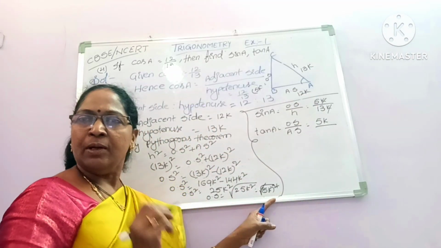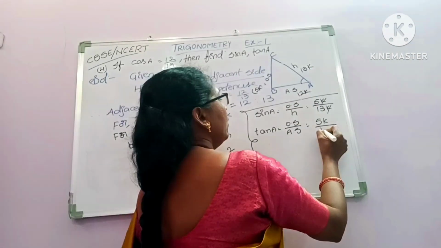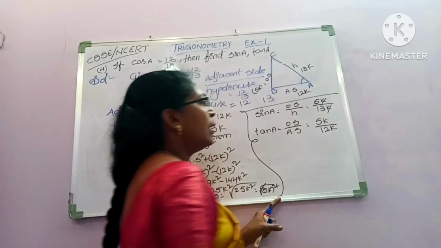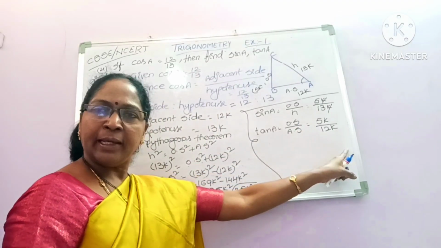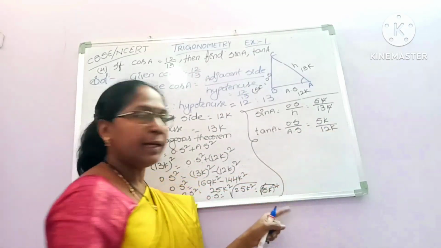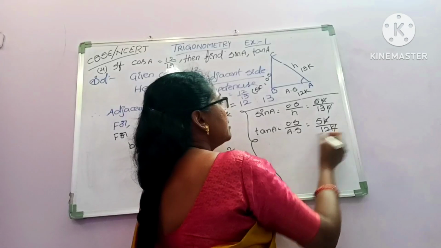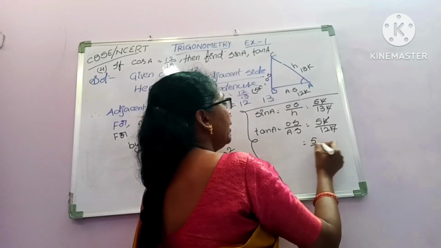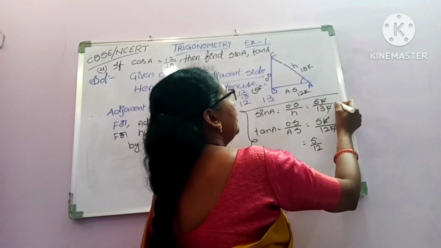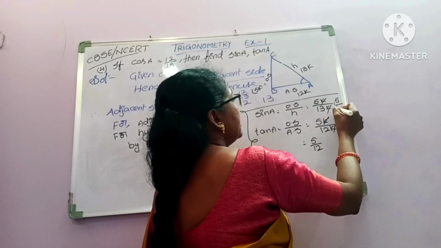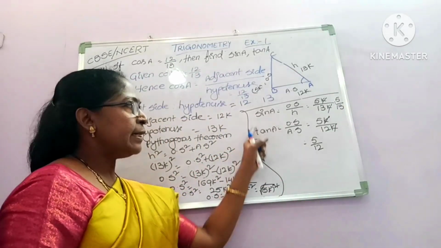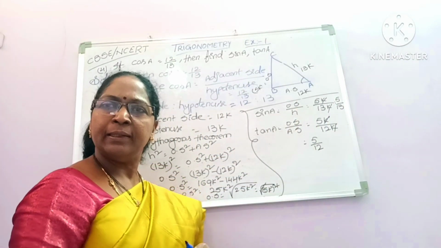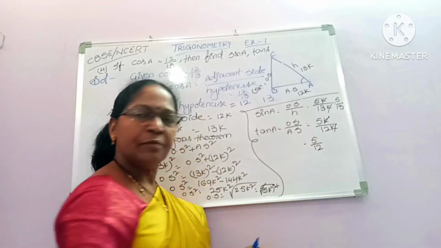That value equals 12k. So you write here 12k. Here also k and k are in the numerator and denominator, you can cancel. Simply you can write 5 by 12 as the answer. So sin A equals 5 by 13 and tan A equals 5 by 12.